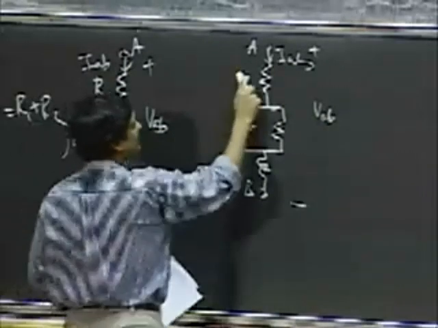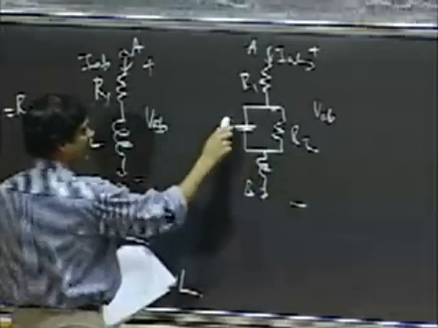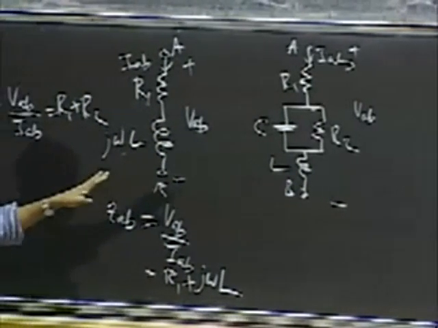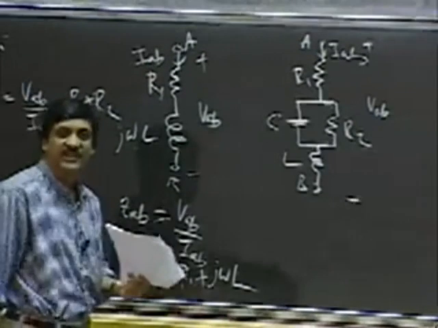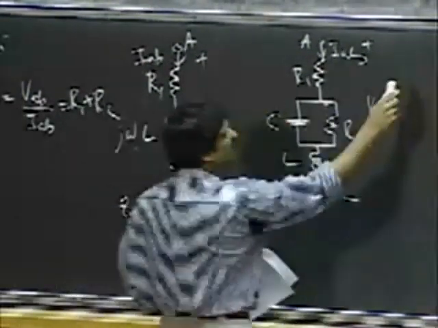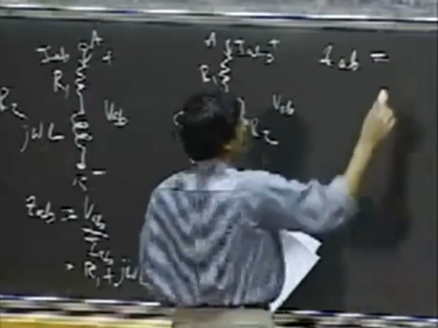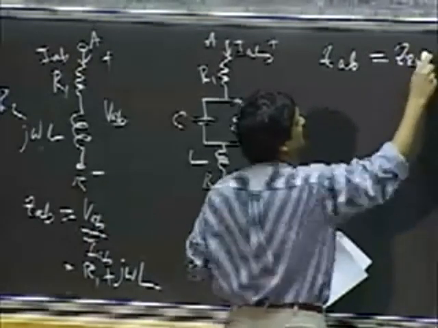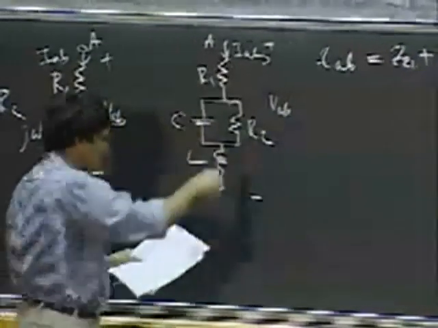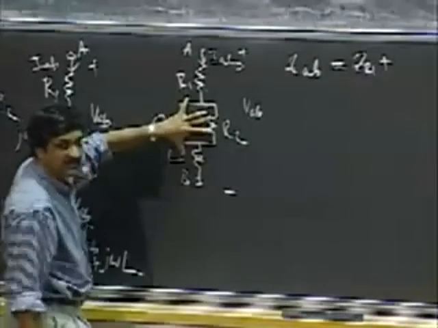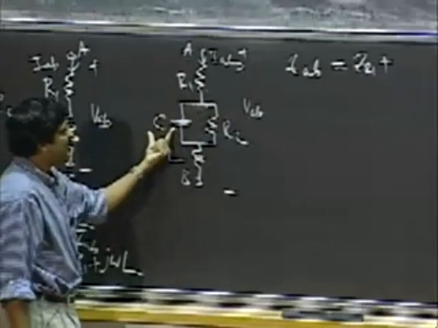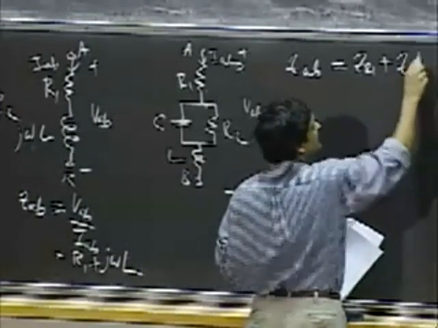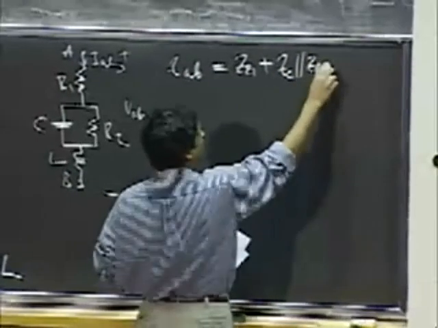And let me call this R1, and let me call this R2, and this is C and L. So I can go about combining these in much the same manner that I combined my resistances in the series-parallel simplifications. So I can define an impedance ZAB between the A and B terminals as ZR1, plus the impedance of this combination, which is simply the impedance of C and that of R2 in parallel with each other. So I get ZC in parallel with ZR2.